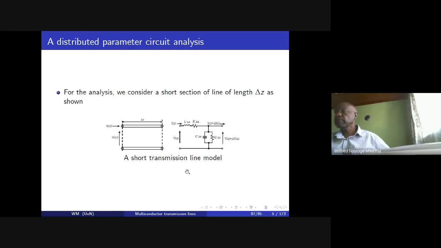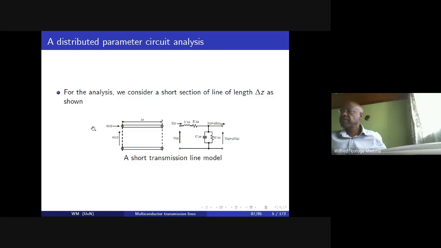For the analysis, we'll consider a short section of line of infinitesimal length delta z, as shown below. We have a two-conductor transmission line as usual, and we take that section of delta z and look at the current.